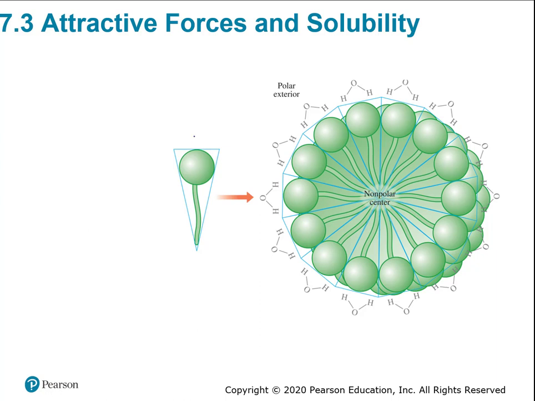In the sphere, remember that the head is hydrophilic. So all the hydrophilic heads are on the outside, and the hydrophobic tails tuck into the center to get away from the water, because water doesn't mix with things that are non-polar.